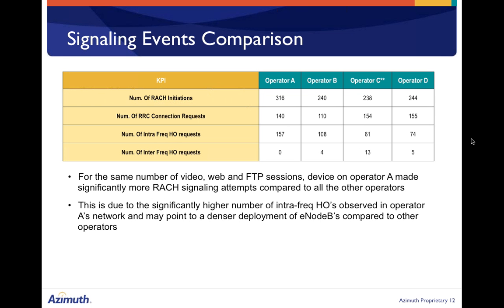And that may point to a more dense deployment for operator A. So in this case, it may be just the artifact of how the network has been deployed based on the operator's challenges, but at least if there are issues with YouTube downloads where one operator was perceiving more signaling than other signaling, these kinds of comparisons, looking at things on a holistic level, will help identify issues both from a network perspective as well as from an end consumer perspective, and drive the right actions to make the operator better and offer a better end user experience.